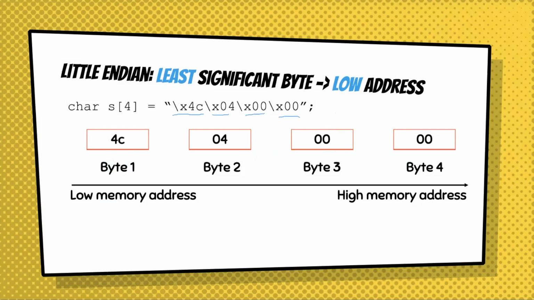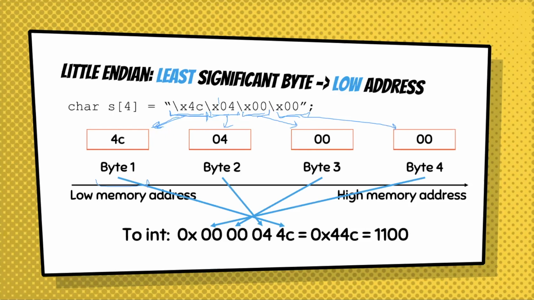The way the string is arranged in memory is that the first byte of the string goes to the first byte of memory. This is different from an integer, because in this case it just goes as it is. The second byte goes to the second, the third goes to the third, and the fourth goes to the fourth.